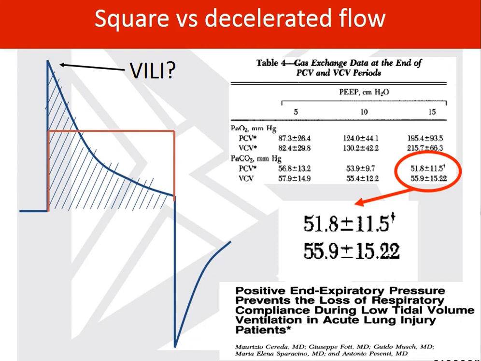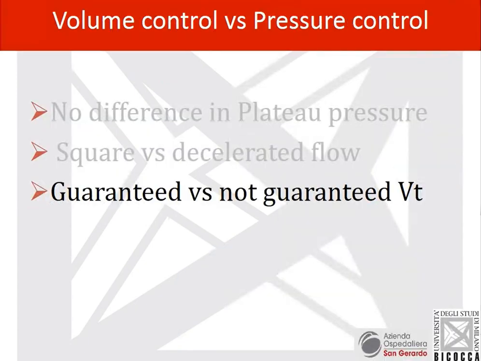And there are papers, this is an old paper coming from our group, suggesting that pressure control ventilation as opposed to volume control ventilation for the same minute ventilation will enable a better CO2 clearance. And the third great difference is that, as I said, tidal volume is not guaranteed in pressure cycled modes.